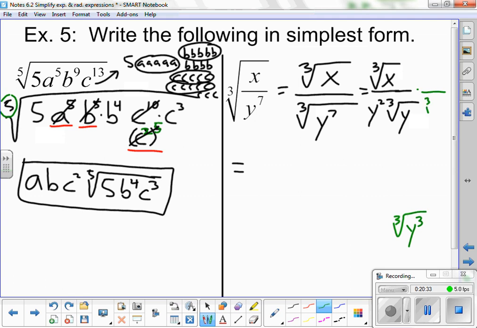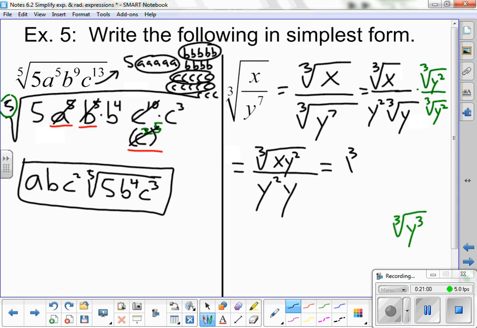So I'm going to multiply by a cube root of y squared, because that will give me my 3 y's. Those cube root of y times cube root of y squared is just going to end up being another y on the bottom. And then we're going to get a cube root of xy squared up here. So you'll get cube root of xy squared over y cubed. All right.